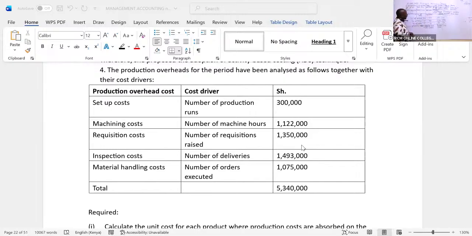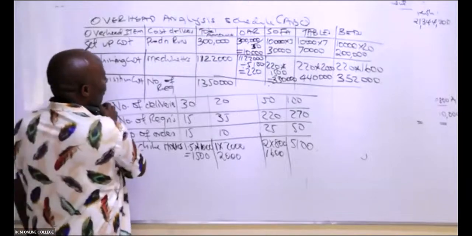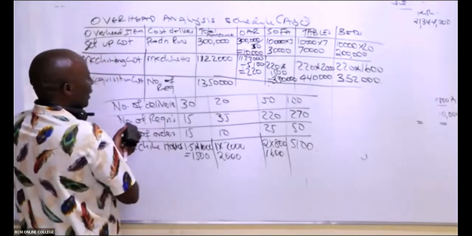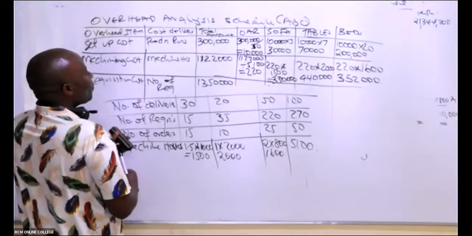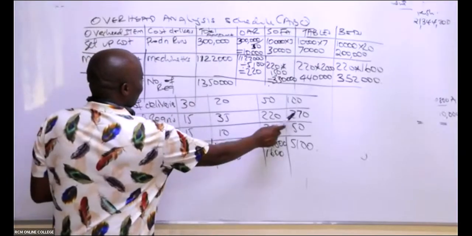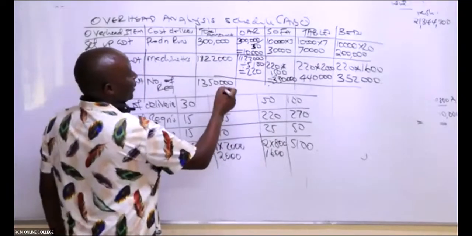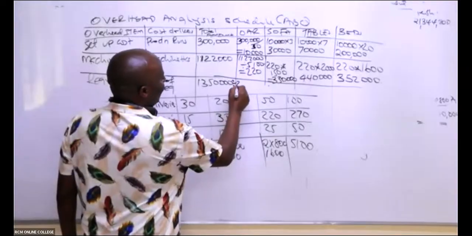So now you are experts, really. Go ahead and give me the OAR for the requisition cost. It's very easy. You take this amount divided by the number of requisitions, which are how many here? 270. So you simply divide this by 270.